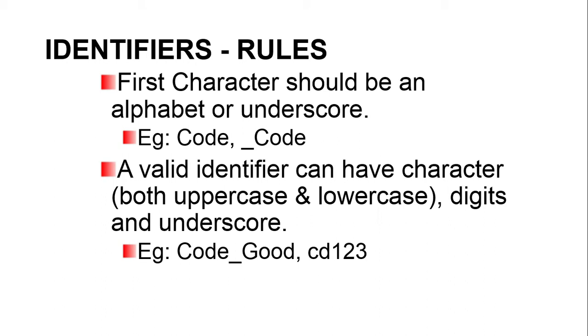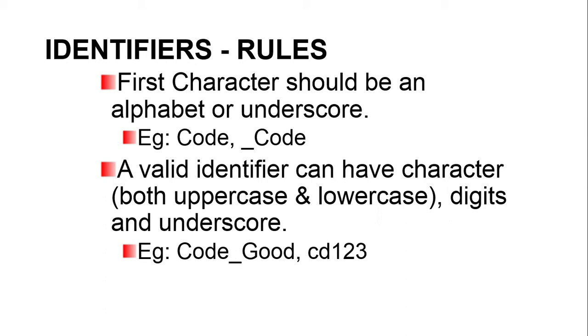A valid identifier can have characters. So if I write using an underscore, code underscore good, that is a valid identifier. Cd123, where c is a small letter, is a valid identifier.